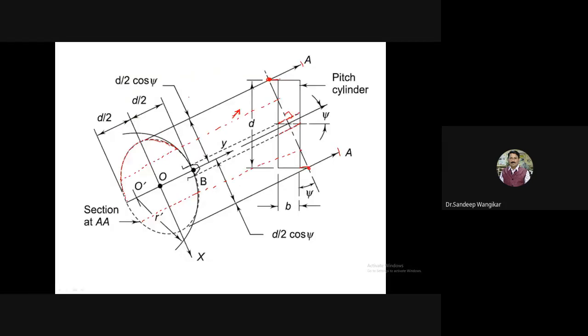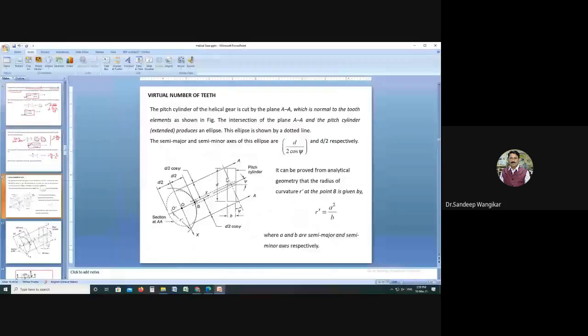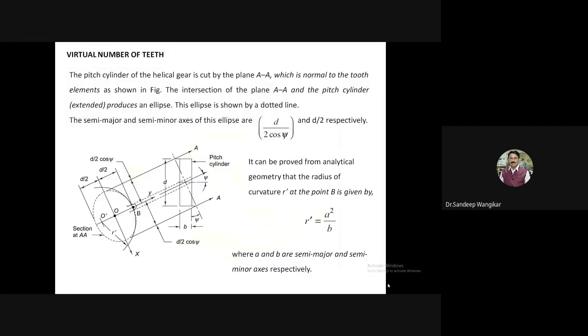Here I have tried to explain in some way how it becomes an ellipse. The ellipse is shown by a dotted line. So we have seen how that particular ellipse is forming.